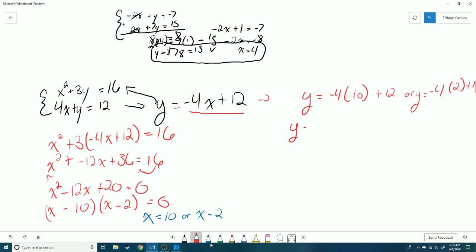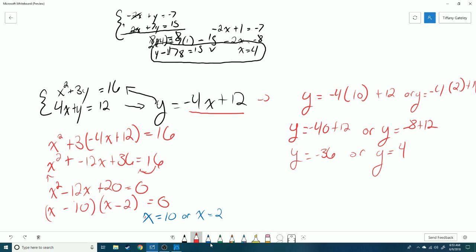So y equals -40 plus 12, or y equals -8 plus 12. So y equals -28, or y equals 4.